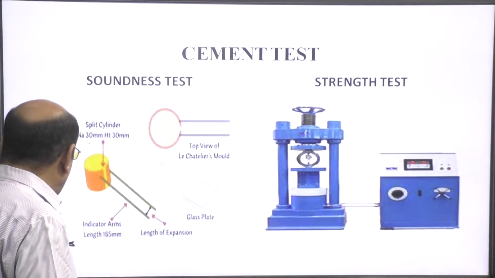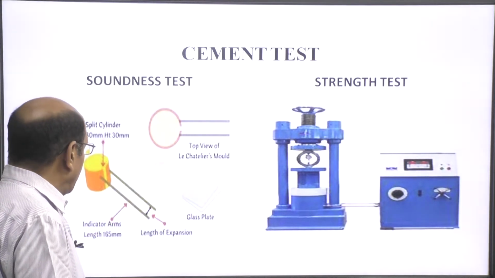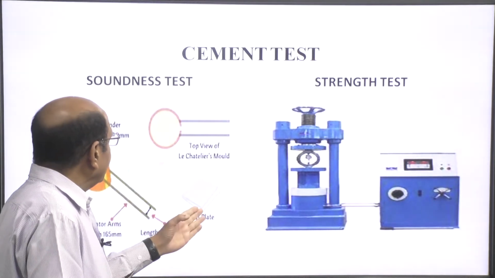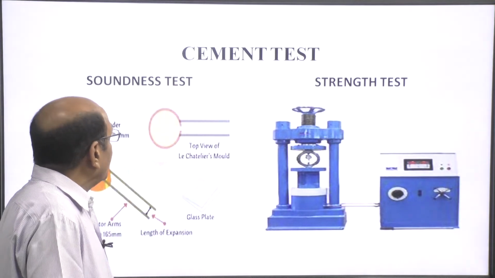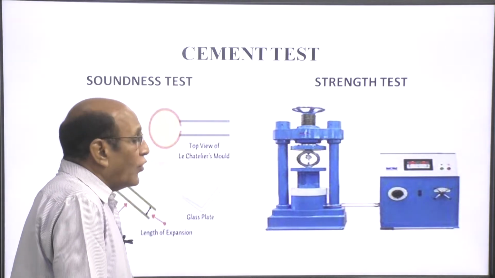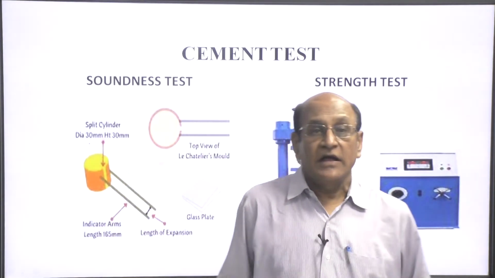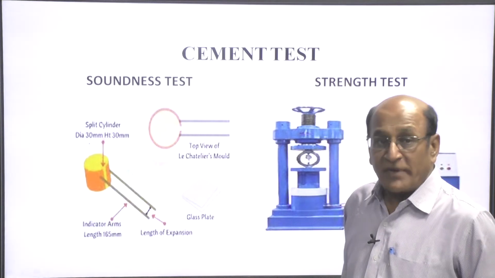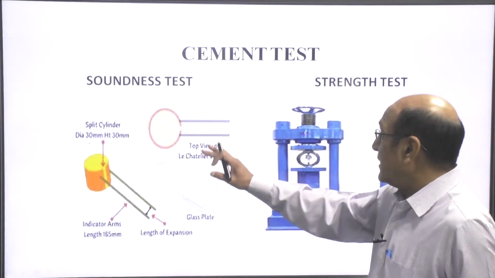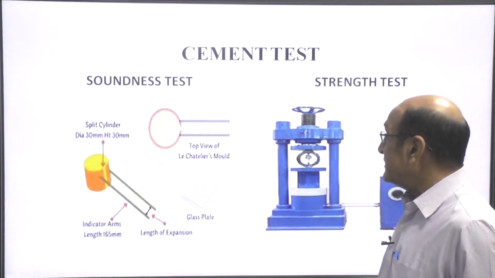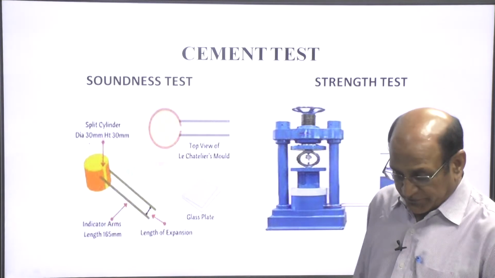These are the indicator arms of length 165 mm, for length of expansion. This is the glass plate, top view of the Le Chatelier mold, because this test is carried out by the Le Chatelier principle.